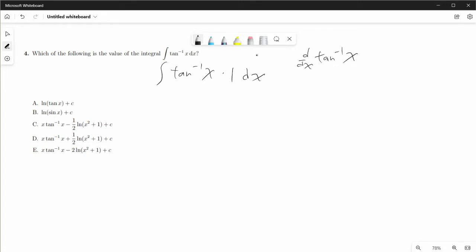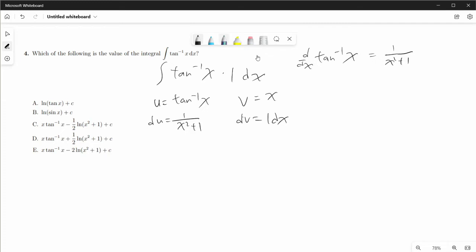The derivative of tangent negative 1 is 1 over x squared plus 1. With that knowledge, we can say that our u for by parts can be tangent negative 1, since we know the du for that is 1 over x squared plus 1 dx. Now dv would be our 1 dx, and then v would be just x.